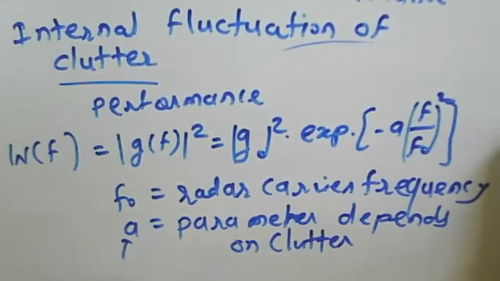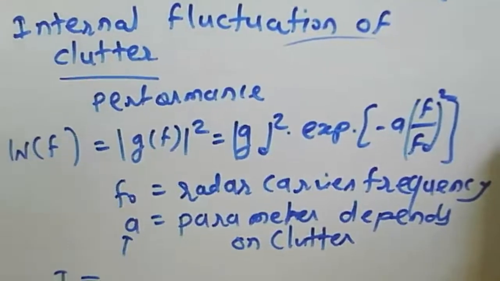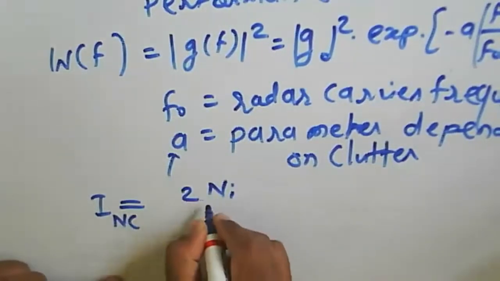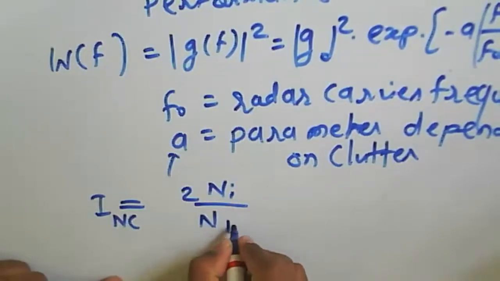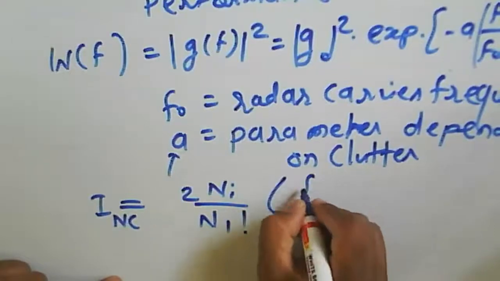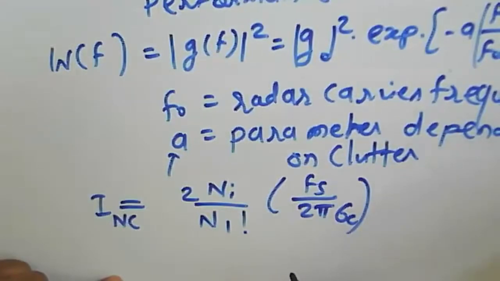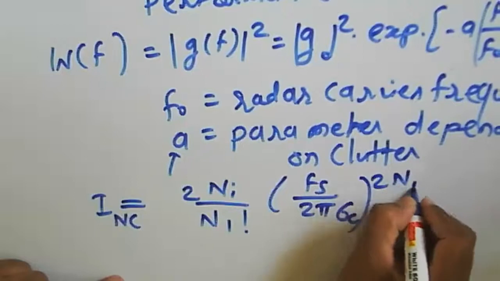Now consider the expression for the improvement factor for an n pulse canceller with n minus 1 delay lines. The improvement factor I of nc is equal to twice n factorial, times fs by twice pi sigma, raised to the power twice n1.